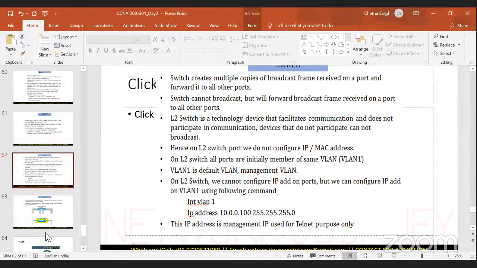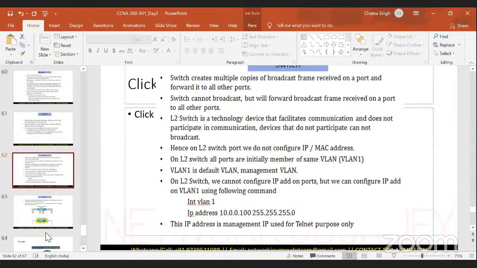Let's say yesterday we took 3 computers and gave some IPs to them so that we could ping them and communicate with them by IP. But for a switch, I didn't configure anything. I just connected those computers to the switch. So there was no configuration of IP required on a switch.